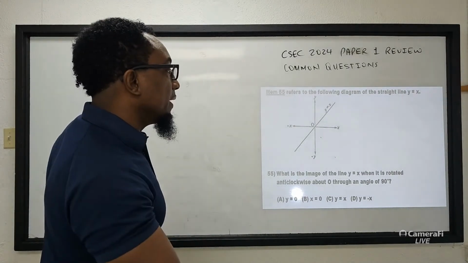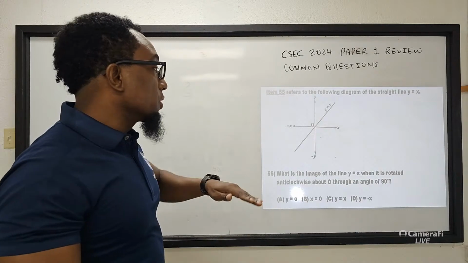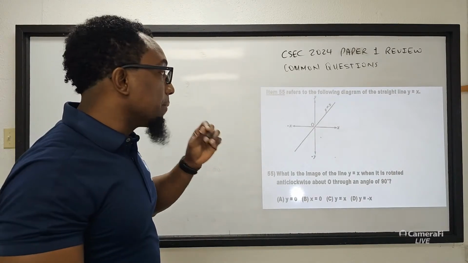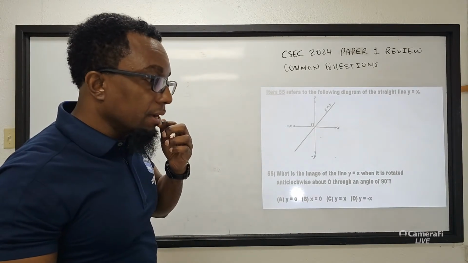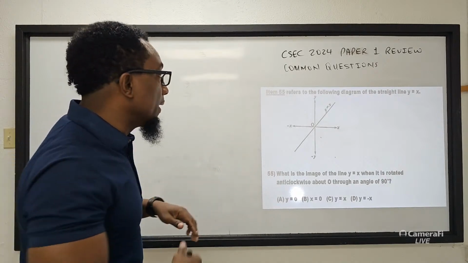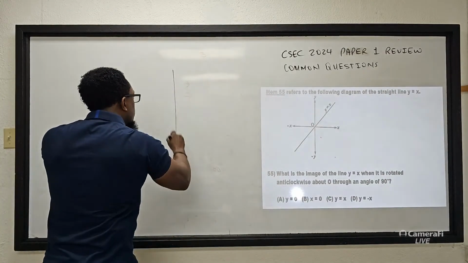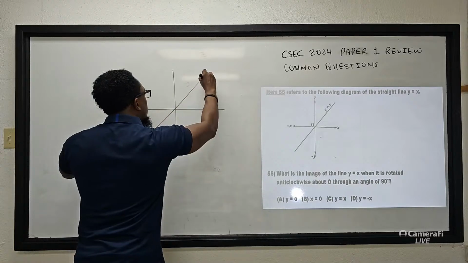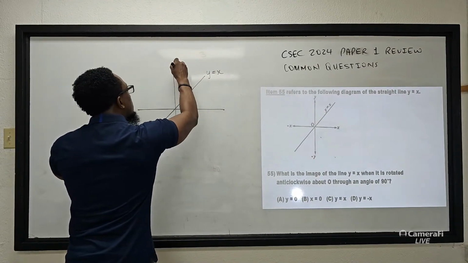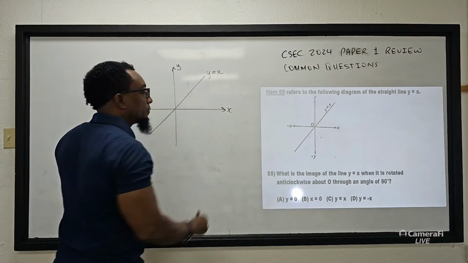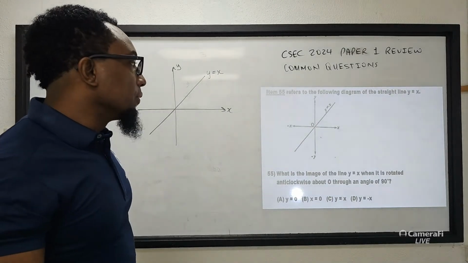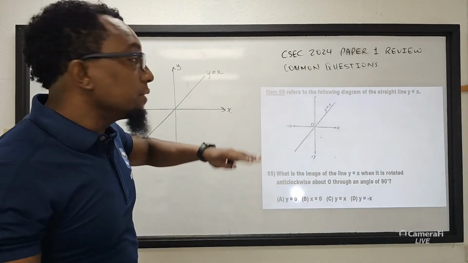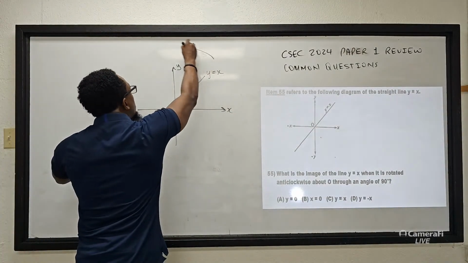What is the image of the line y equal to x when it is rotated anti-clockwise about the origin through an angle of 90 degrees? Very common. So you have here, this is your line y equal to x. If I'm going to rotate this anti-clockwise, it means I'm moving this way.